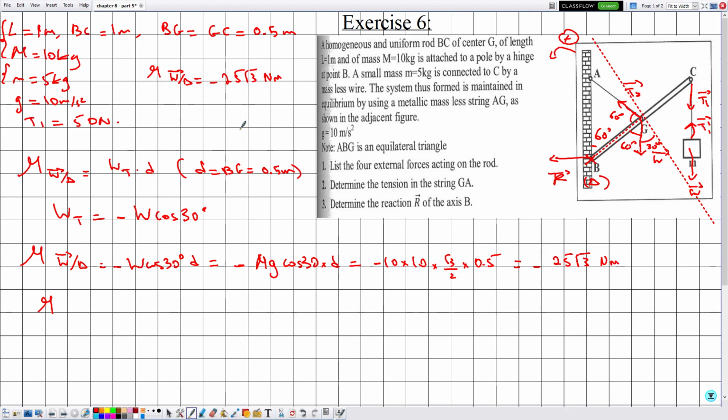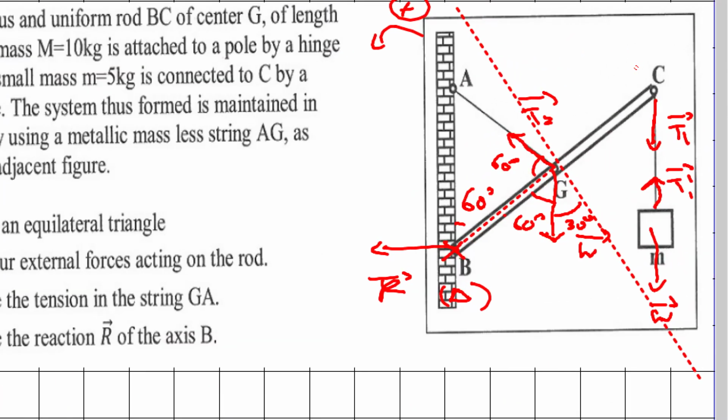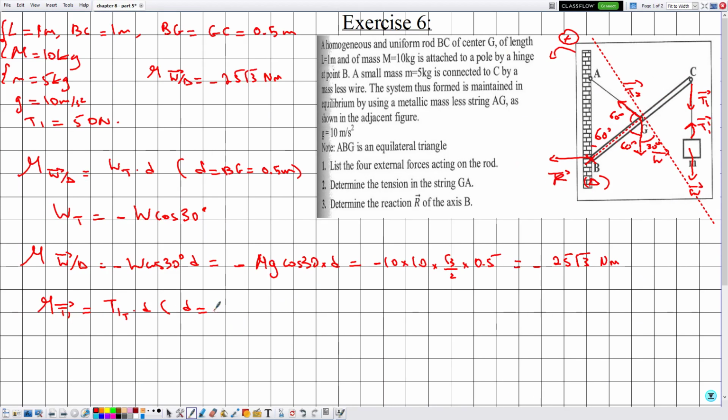It is left to determine the moment of the two forces. Now let's proceed with the tension T1, which is equal to T1 tangential multiplied by D, and in this case D represents the distance between the axis of rotation and the point of application of the force, which is BC, which is equal to 1 meter.